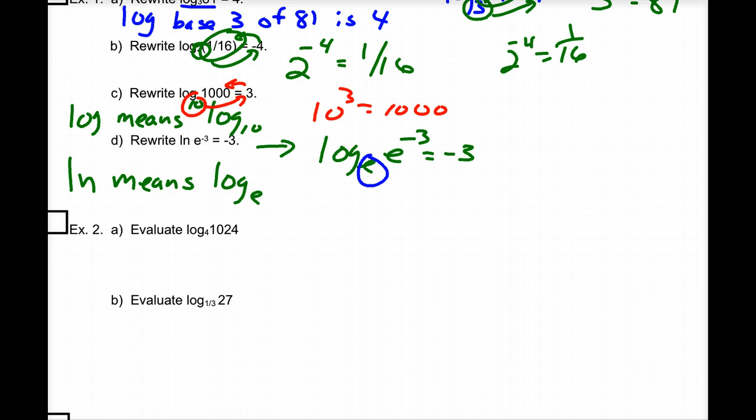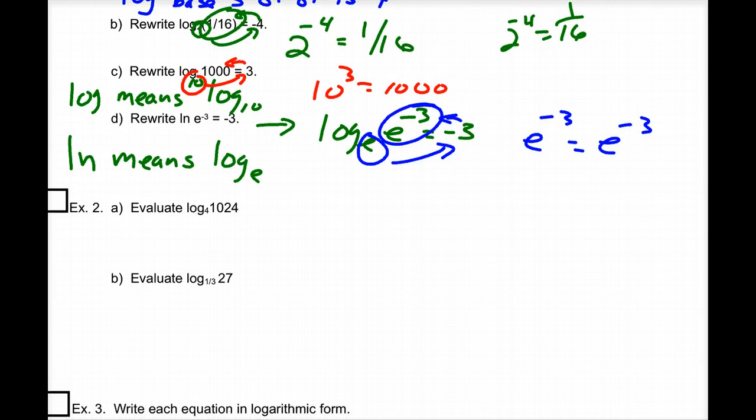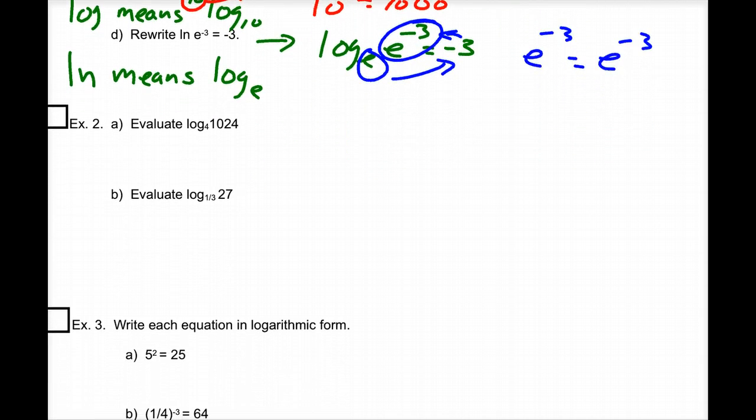You could build your house, start with your base, go get your roof, and then it's the same as your neighbor's house, which is kind of big in this case, e to the -3rd. And hopefully you agree with that. e to the -3rd equals e to the -3rd. Those are rewriting logs in exponential form.